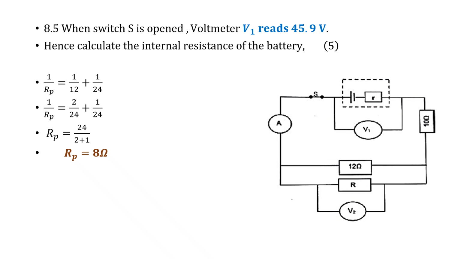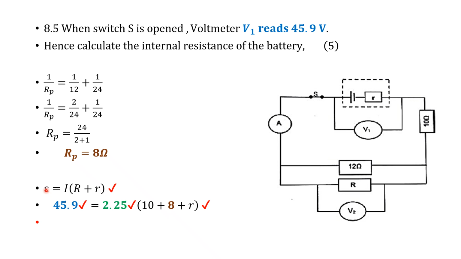And then I have to look for the small r. Right? So here, EMF equal I times R plus r. So I said I have EMF, 45.9. I have I, which is 2,25. I can work out R by simply saying this 8 ohm for that plus the 10 ohm, and then I'm just left with small r.